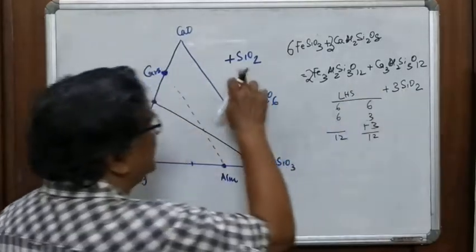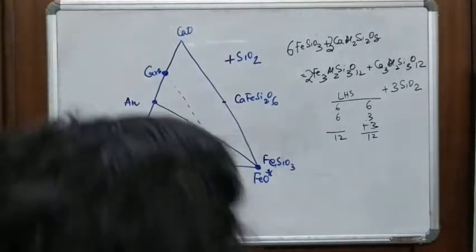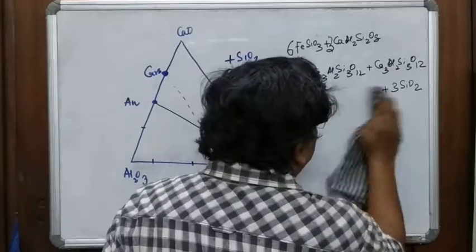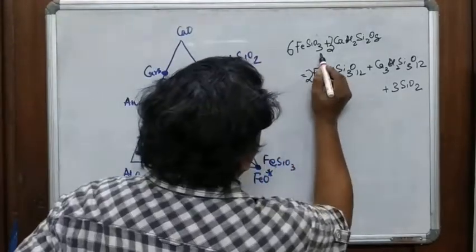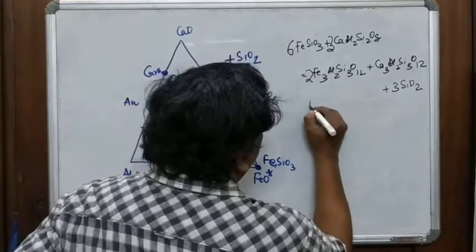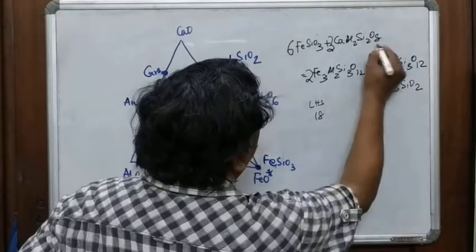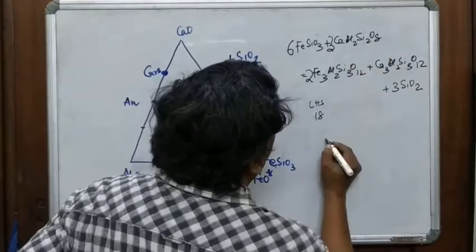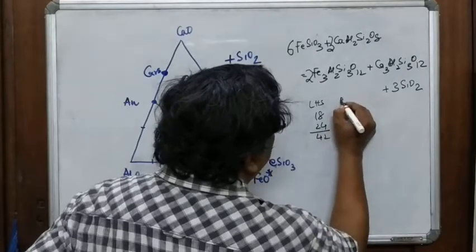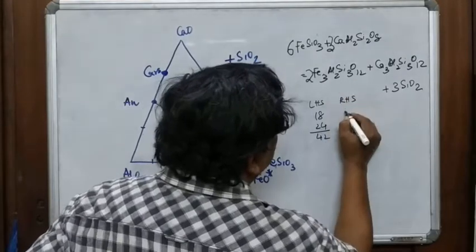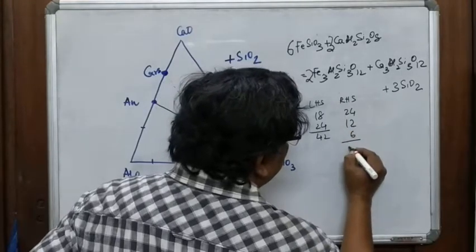Remember why I'm adding SiO2? Because SiO2 is in excess. So I complete the reaction, and now you see your oxygen. On the left hand side, oxygen is 18 plus 24, so that should be 42, and on the right hand side, it should be 24 plus 12 plus 6, so that should be 42.